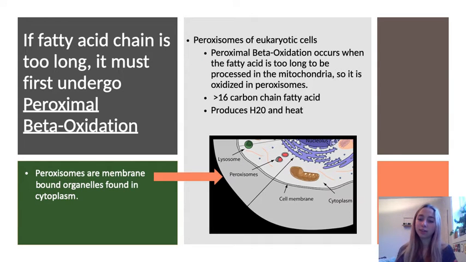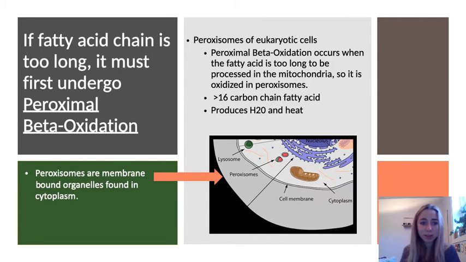But it's not always the case. If the fatty acid chain is too long, that's over 16 carbons, it must first undergo peroxisomal beta oxidation. So what this is, in the peroxisomes of a eukaryotic cell, it must be processed and oxidized to break down a couple carbons before it can go through the carnitine shuttle.